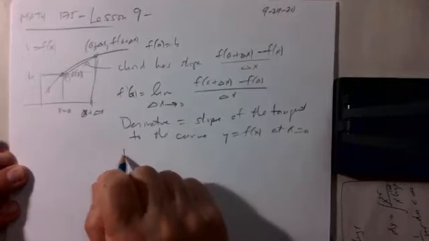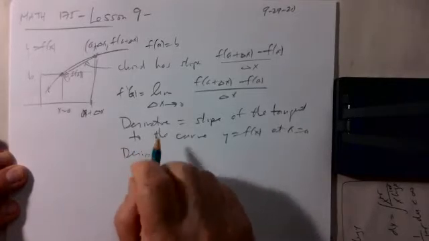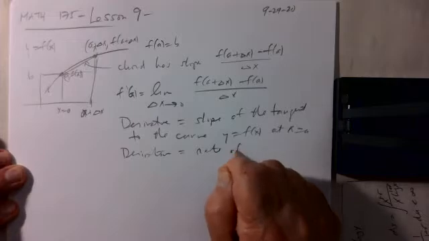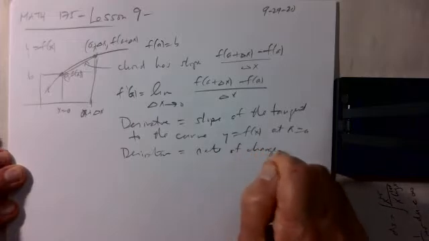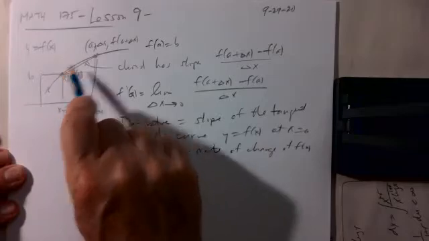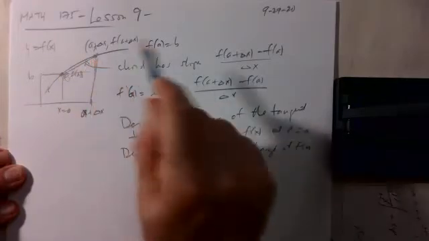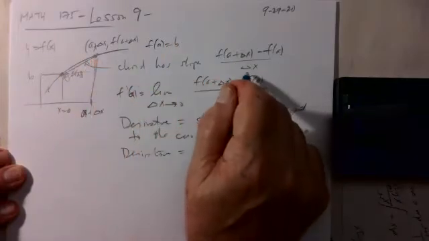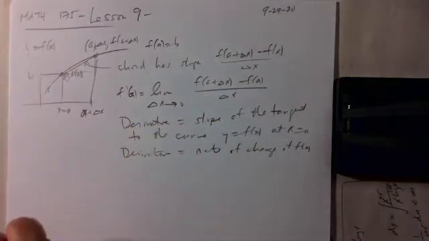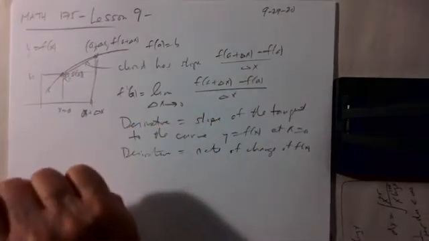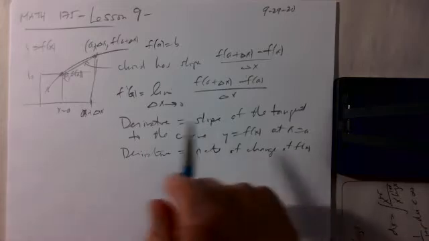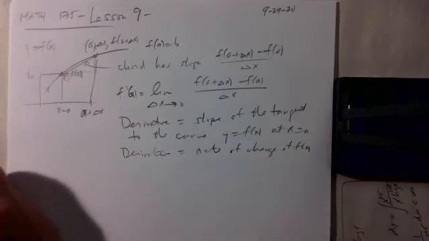And it's also equal to the rate of change of f of x. So as you go from a to a plus delta x, this quantity is the average rate of change of the function, and this is the instantaneous rate of change. So these are the two fundamental interpretations of this limit.